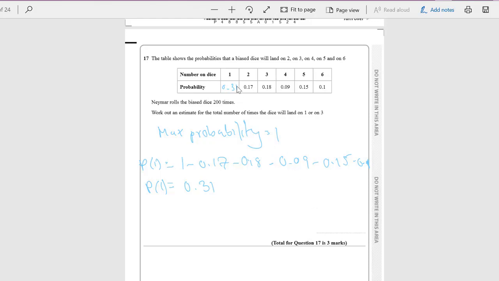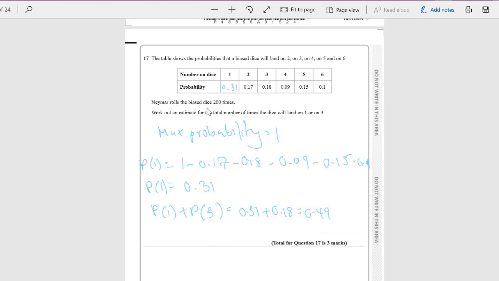So it wants to work out the estimate for total number of times dice will land on 1 or 3. So what's the probability? P1 or P3. So that means it's going to be 0.31 plus 0.18, which is 0.49.